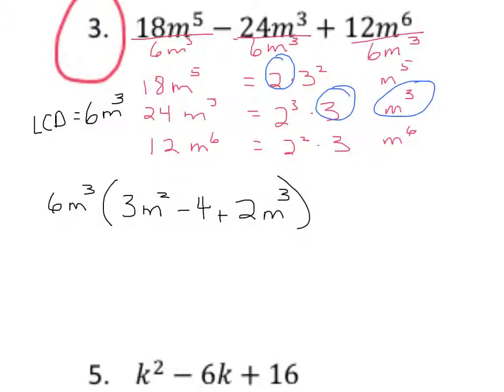So now we need to see if we can factor this, and we need to rewrite it. Well, in this case we have m cubed, m squared, and negative 4, so we don't have a trinomial in the right form. So we can't use grouping on this because we don't have m squared, m, and nothing. We have m cubed, m squared, and nothing. So we can't factor this any further.